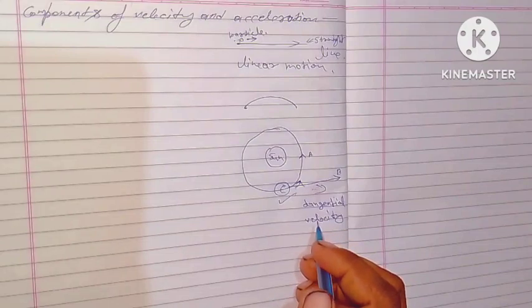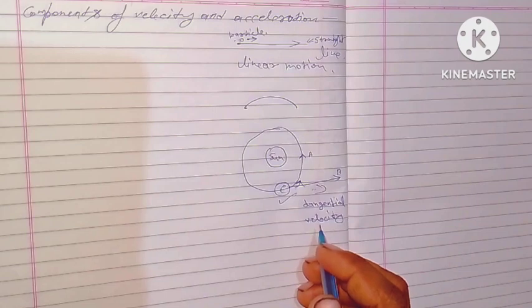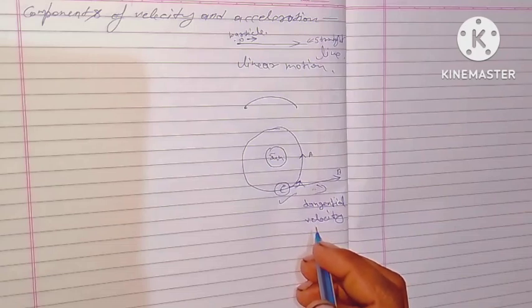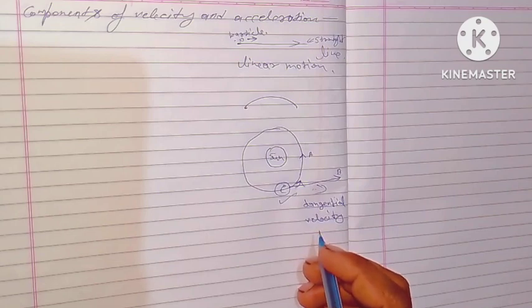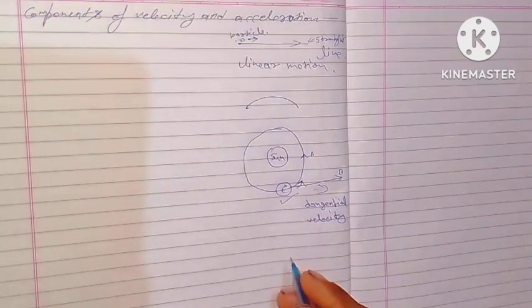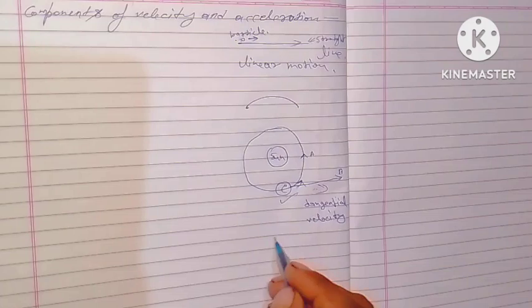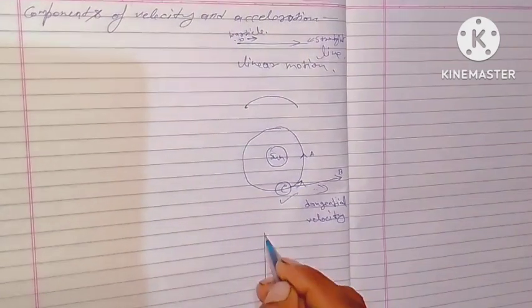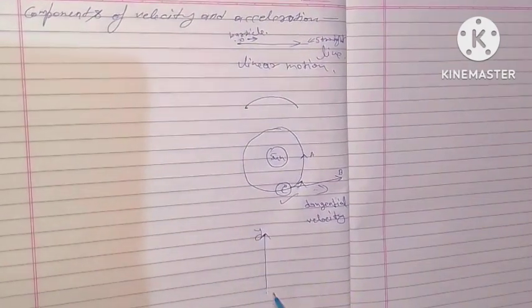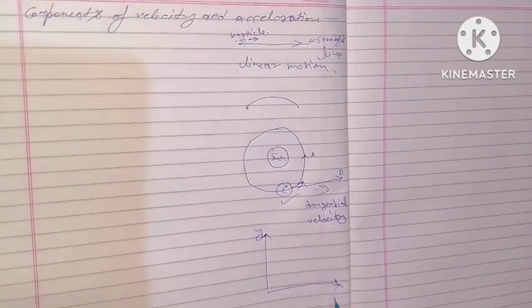Displacement. Consider a particle moving along a curve in the plane. The position vector of a point P. This is the y-axis, and this is the x-axis.